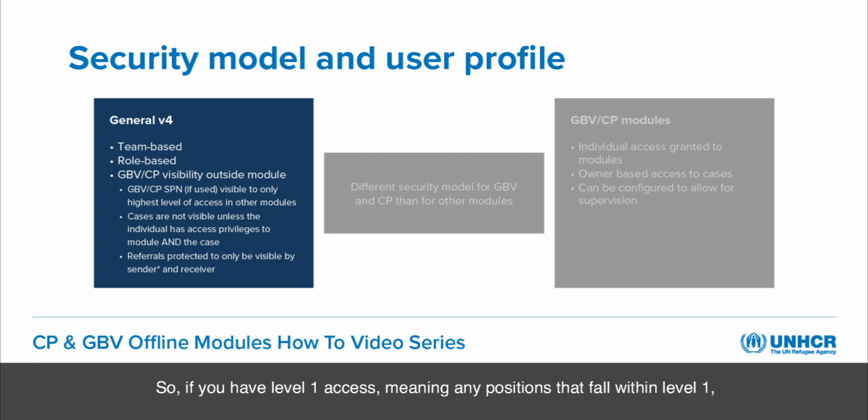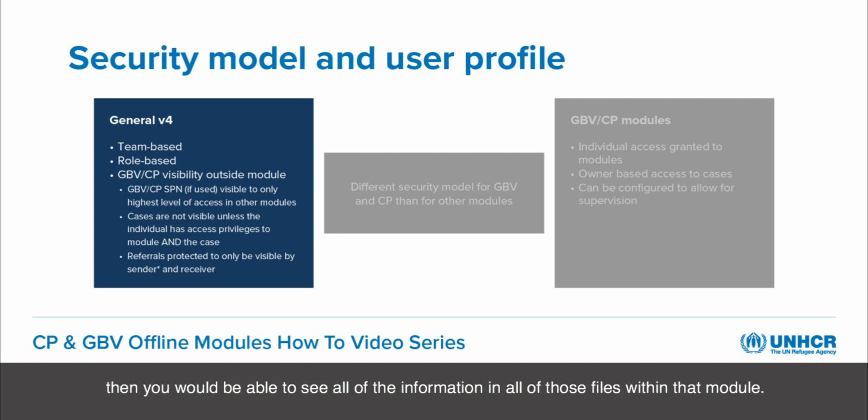So if you have level 1 access, meaning any positions that fall within level 1, you would be able to see the least amount of information, but you would be able to see that information in all of the files. Whereas if you had the highest level of access, then you would be able to see all of the information in all of those files within that module. So this is why we talk about team-based or role-based access for the general V4 modules.